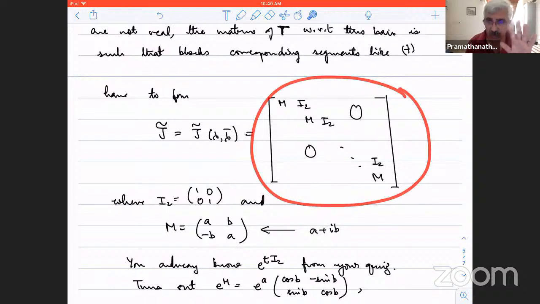For eigenvalues which are real, the new Jordan forms look like the old Jordan forms. For the eigenvalues which are not real, you can combine two different Jordan blocks, the one corresponding to lambda and the one corresponding to lambda bar, and change the basis just a little, so that the new Jordan block is a real one, and it looks like this.